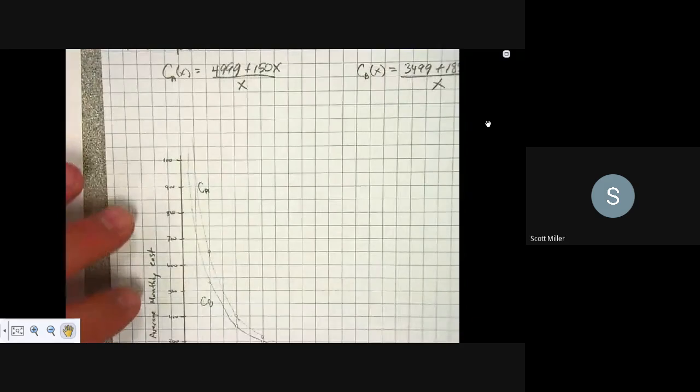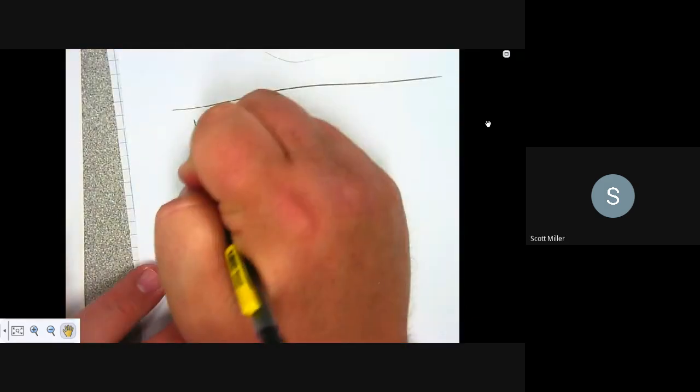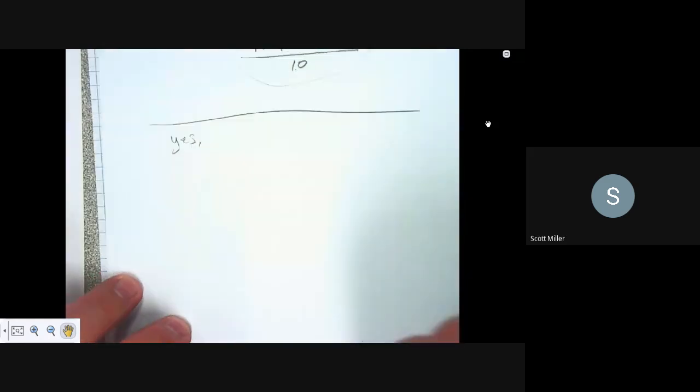So the answer to their question, is the average monthly cost of owning each car ever the same? The answer is yes, they are.